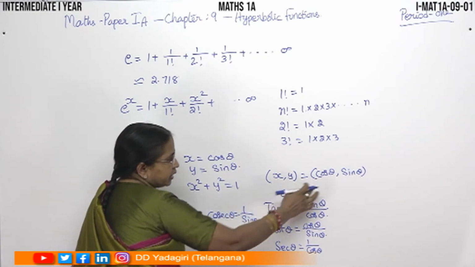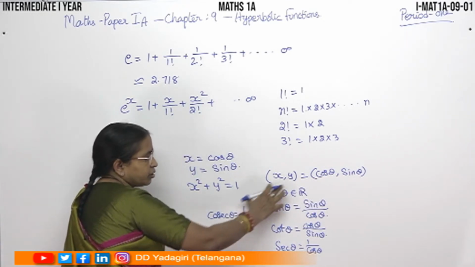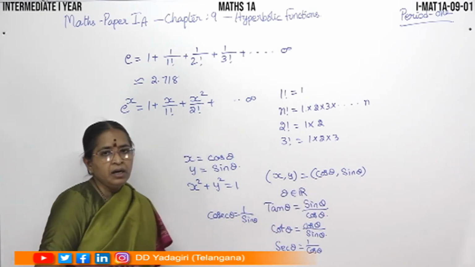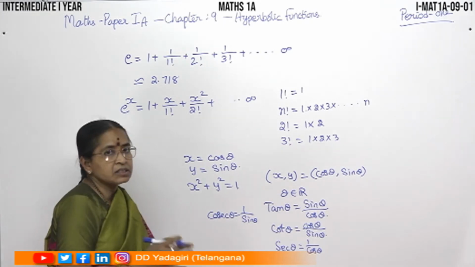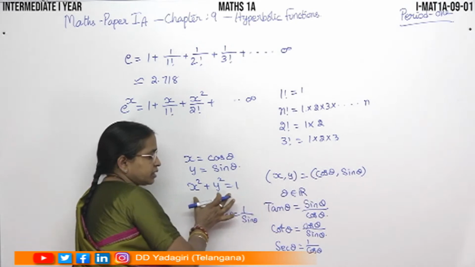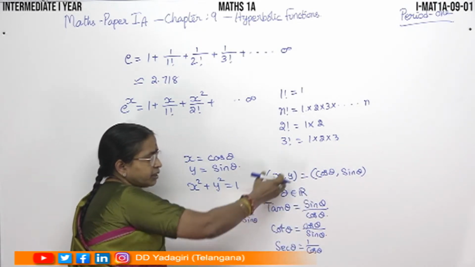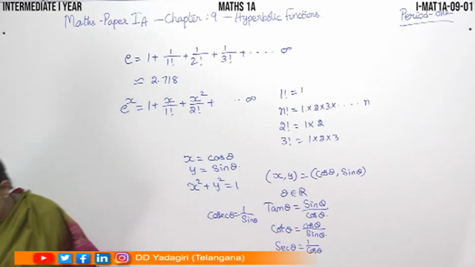All these six are called trigonometric functions or circular functions because sin theta and cos theta satisfy this equation, and all the remaining ratios are derived from those two ratios only.